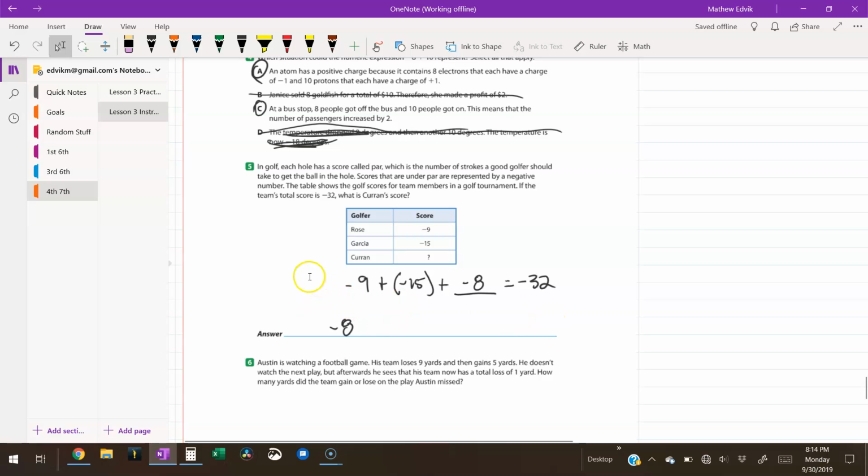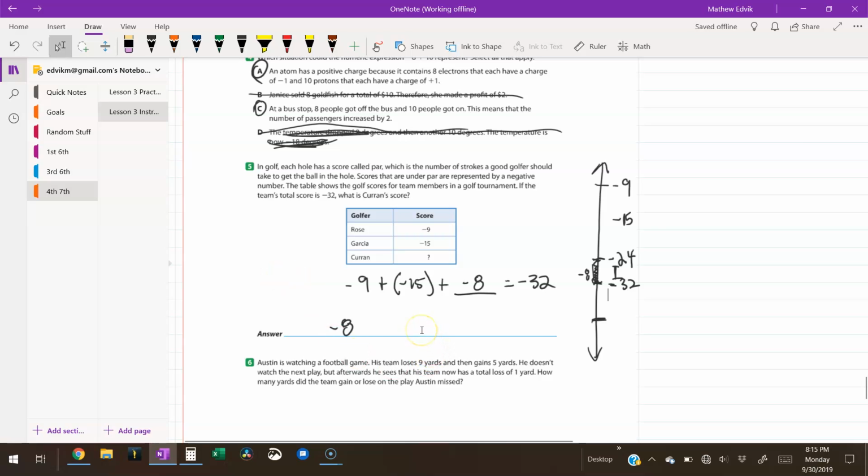So if we wanted to model that, then we could draw a number line and say, okay, we're already at negative 9, and then we go another negative 15 to get us to negative 24, but we're trying to get to negative 32, and so we could count these as going down 8 more to get to negative 32. That's one way that we could model it.